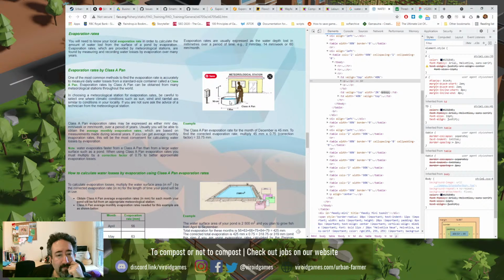So if this is the example, hundred and fifty. This is actually 1500 millimeters times this 3000 cubic millimeters, which is okay.